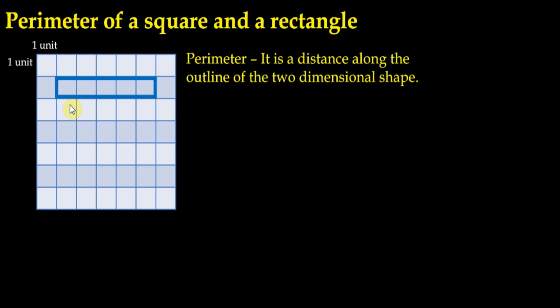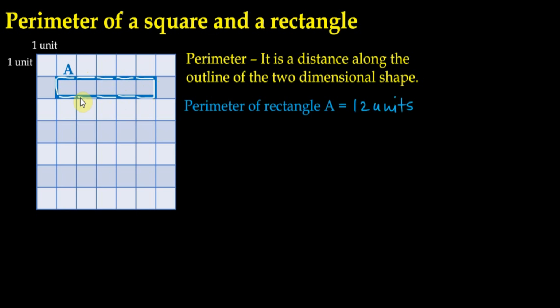So here we have a rectangle A, and now we want to find out the perimeter of rectangle A. So once again, let's count how many units are along the outline of rectangle A. So we have 1, 2, 3, 4, 5, 6, 7, 8, 9, 10, 11 and 12 units that makes the outline of rectangle A. Therefore, we can say the perimeter of rectangle A is 12 units.